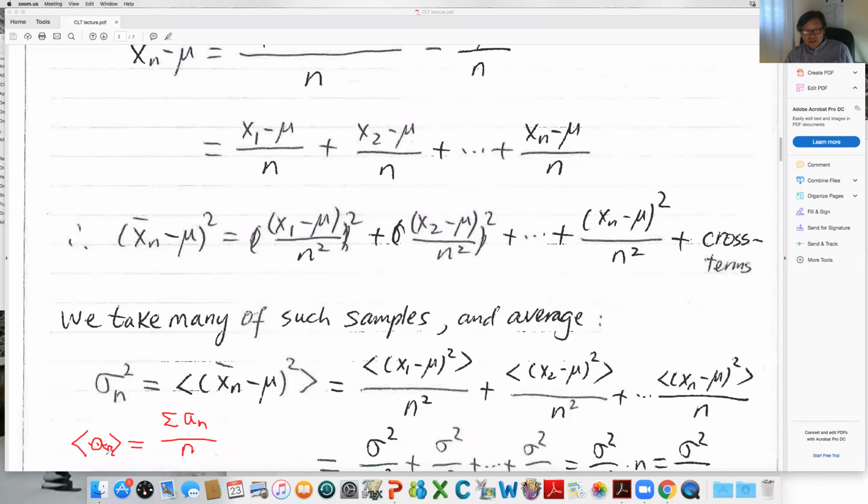This bracket means this, and I take the bracket on all of this. Because this guy's a constant, I take it out. I should call this one n prime, to make a distinction from this n here.